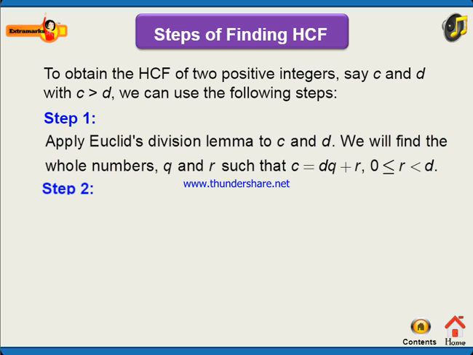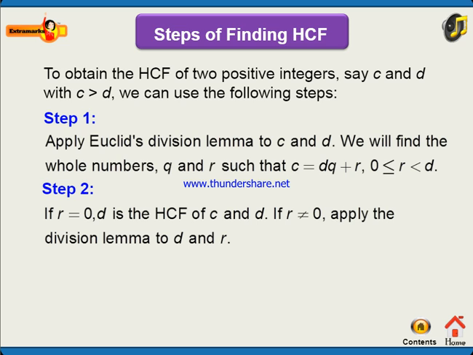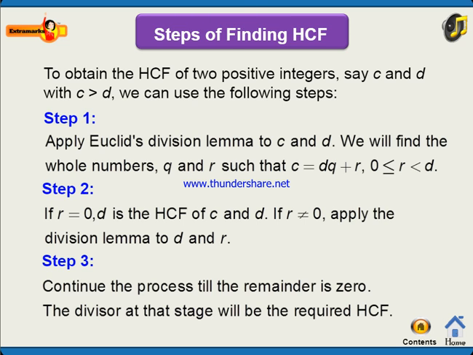Step 2. If r is equal to 0, d is the HCF of c and d. If r is not equal to 0, apply the division lemma to d and r. Step 3. Continue the process till the remainder is 0. The divisor at that stage will be the required HCF.